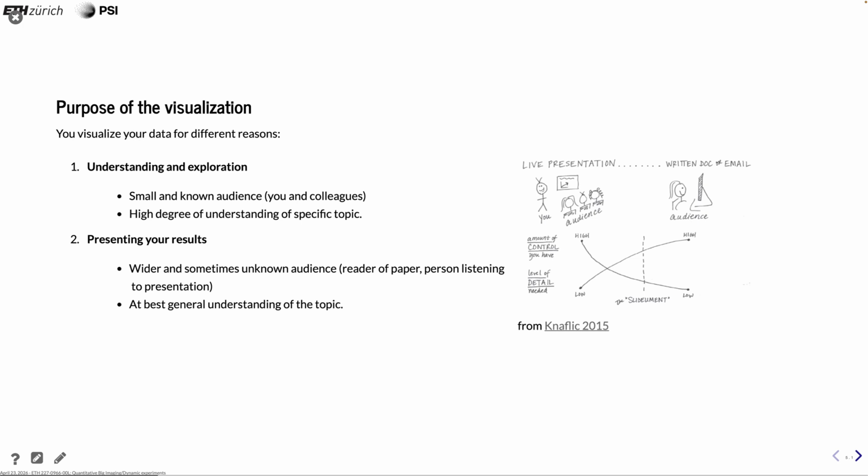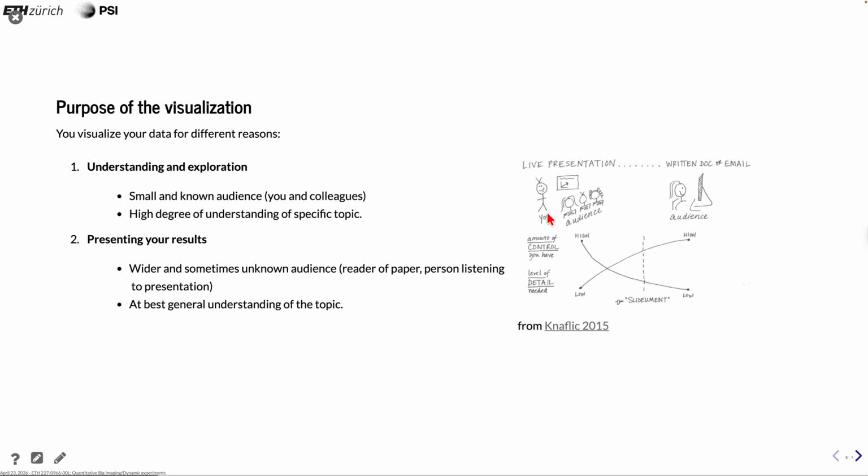If you go beyond this closed circle and want to present your results, then you have a very much wider and sometimes unknown audience. Could be a reader of a paper, could be people listening to a presentation, and there you can at most expect a general understanding of the topic you're presenting.